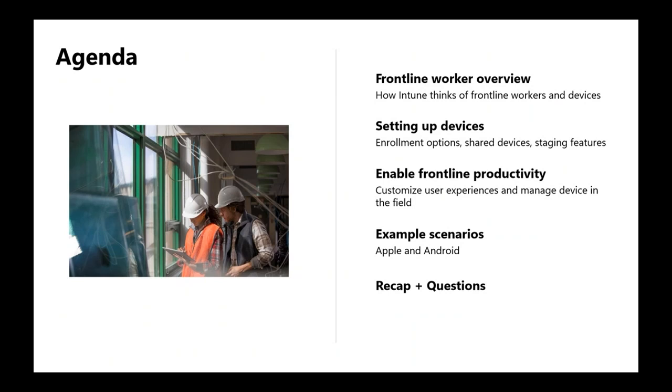We'll go over some of the features that Intune offers for frontline worker productivity. And then finally, we'll put it together with a couple of pretty simple example scenarios of what that looks like on both Apple and Android devices. My goal for you today is to walk away with a better understanding of what Intune offers in this regard.